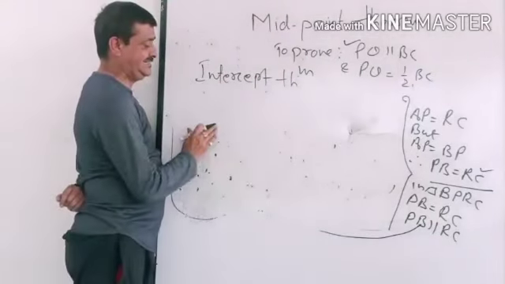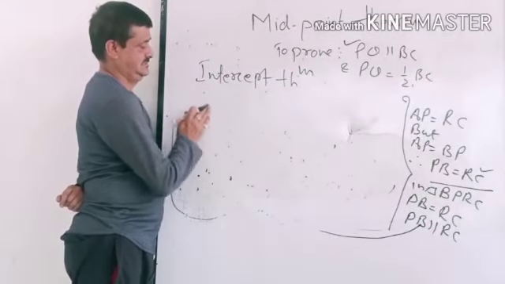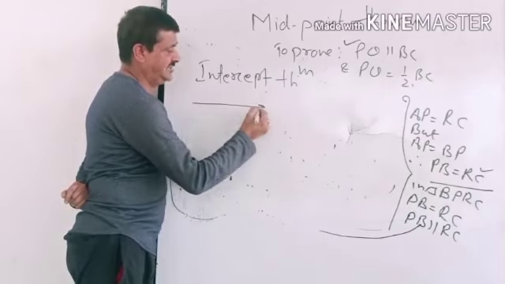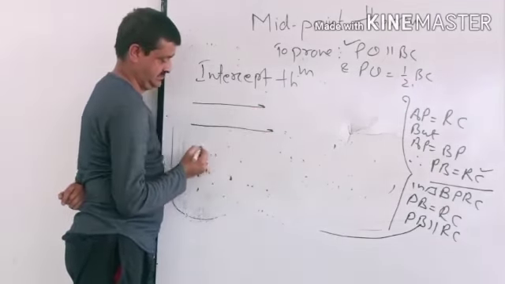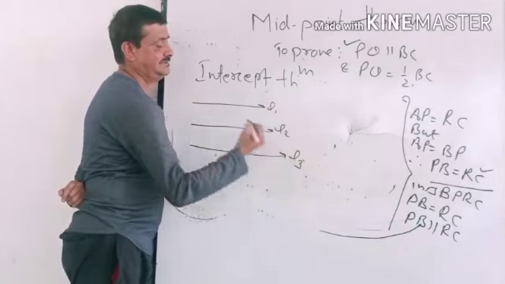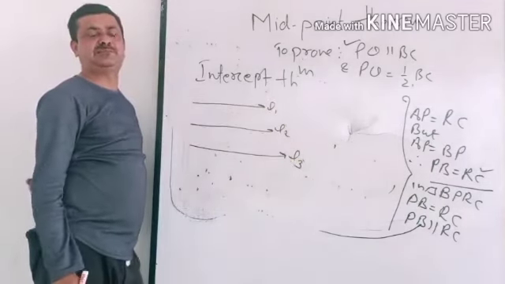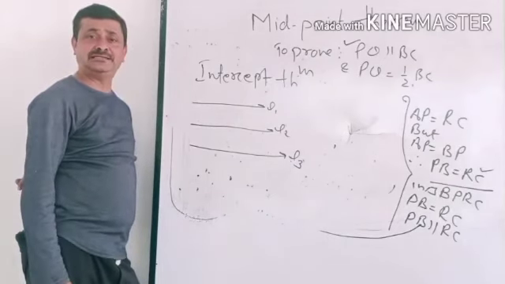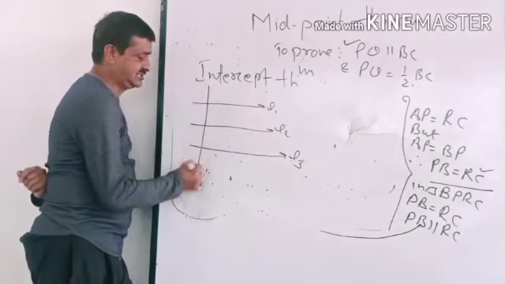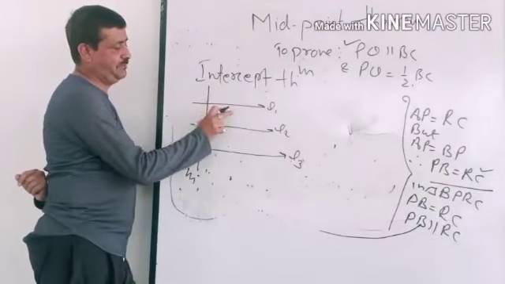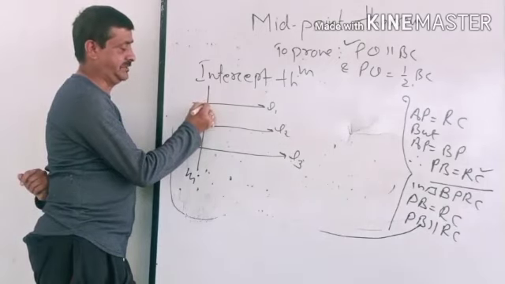So it states that if you are given 3 or more parallel lines, suppose these are L1, L2 and L3, at least 3 or more than 3 parallel lines, and suppose this transversal M is drawn, then these parallel lines make intercepts on it.